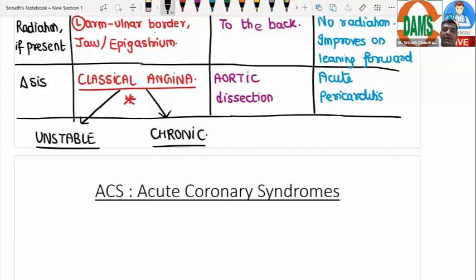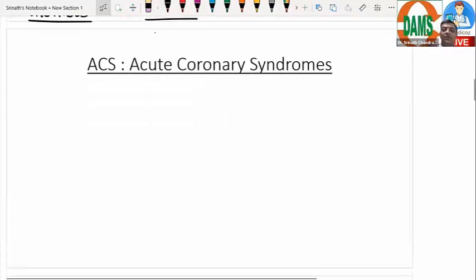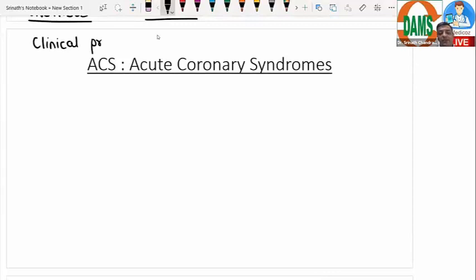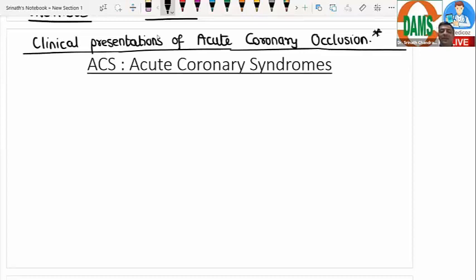So what are acute coronary syndromes? Acute coronary syndromes are nothing but the clinical presentations of acute coronary occlusion. So what are the various presentations of acute coronary syndrome?